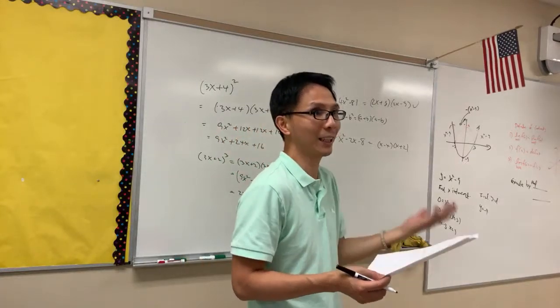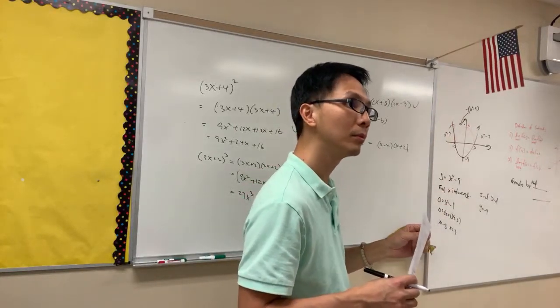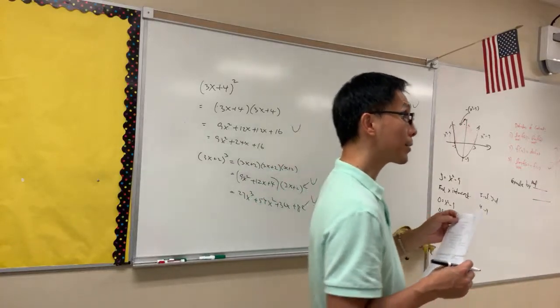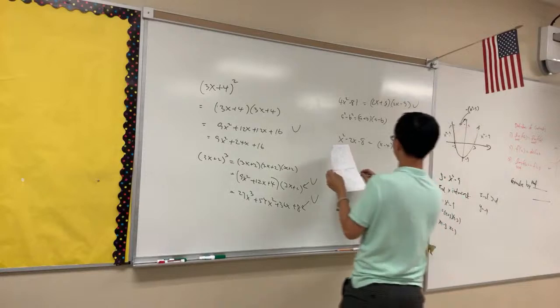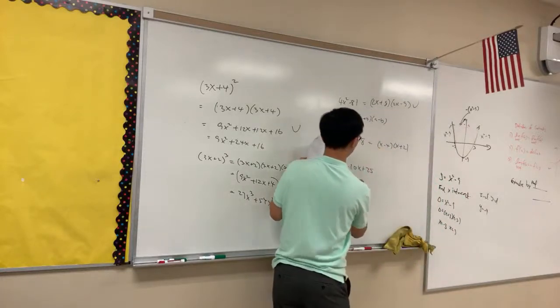Okay, just so you know, I cannot give full credit for the things, but yes? My person put 2x squared minus 9. 2x squared minus 9, no. Mister, look. This guy put x minus 2, x plus 4. What?